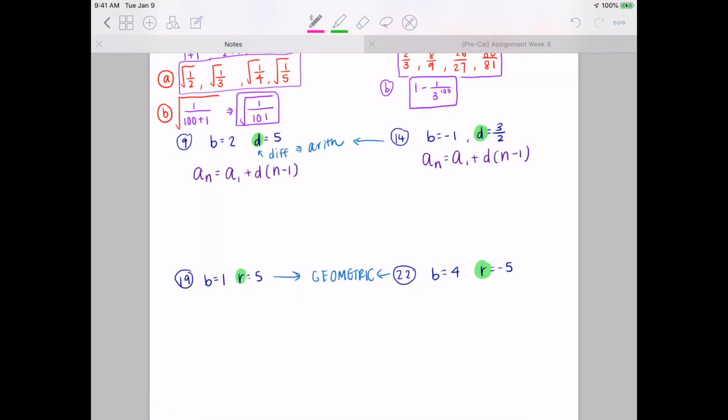Okay, so this is going to be a sub n equals 2 plus d times n minus 1. That's the formula. And the other one is a sub n equals negative 1 plus 3 over 2 times n minus 1. That's our other formula.